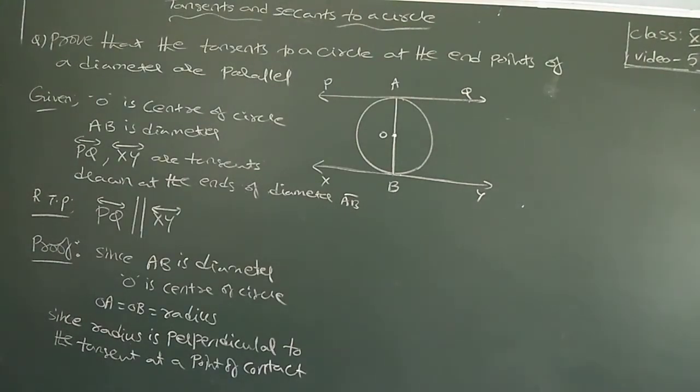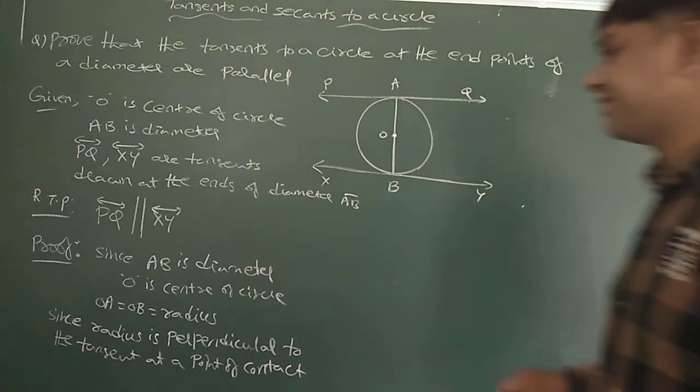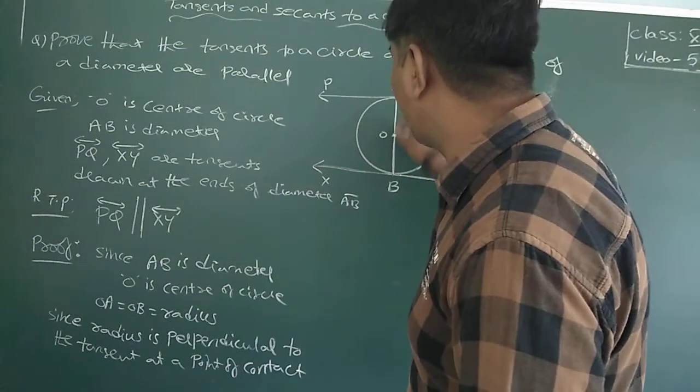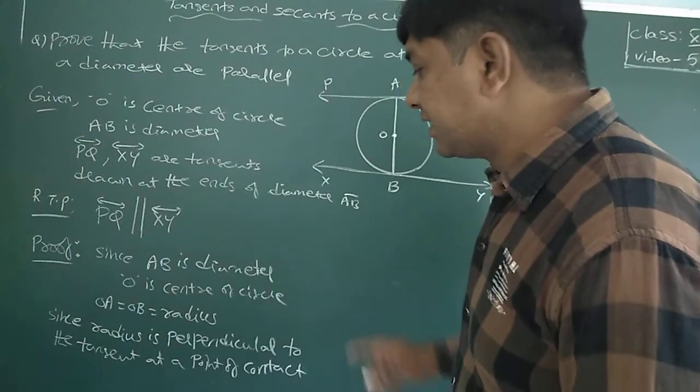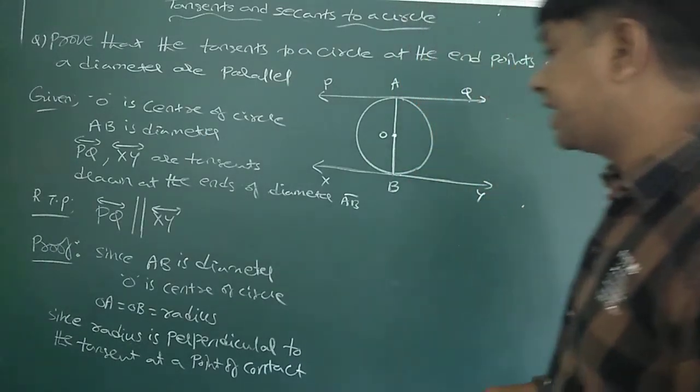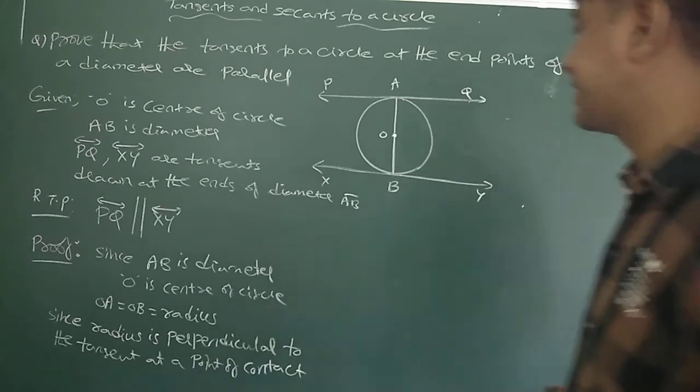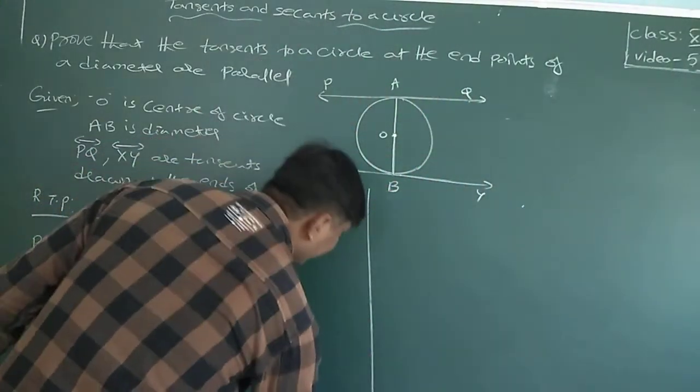Since AB is the diameter, O is the center of the circle, OA and OB are the radii. Since the radius is perpendicular to the tangent at the point of contact, here what we can write?